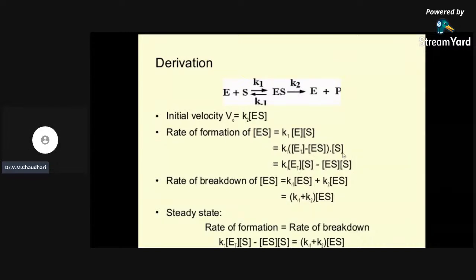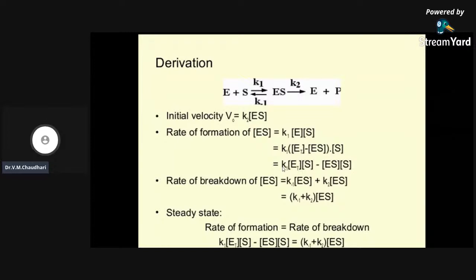So by solving this equation we will get K1 ET into S मायनस K1 ES इंटू S. मग आता आपण याच्यामध्ये काय करतोय की K1 ET मायनस ES या संपूर्ण ब्रॅकेटला S ने मल्टिप्लाय करतो, सबस्ट्रेट कॉन्सन्ट्रेशननी, म्हणजे K1 ब्रॅकेटच्या बाहेरच ठेवलेला आहे, ET इंटू S मायनस ES इंटू S, आणि ब्रॅकेटच्या होल ब्रॅकेटला मल्टिप्लाइड बाय K1.